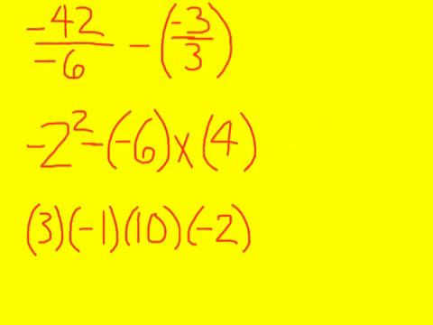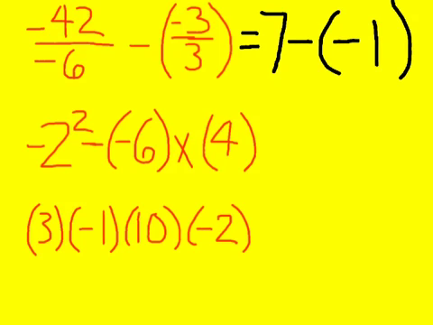Example problem 1. For the first one, we have negative 42 over negative 6. Remember, a negative over a negative will give us a positive, so that's 7. Minus negative 3 over 3 is just negative 1. When we're subtracting a negative, we can change it to plus positive, and 7 plus 1 will give us 8. For the second one, the negative 2 is not in parentheses, so the negative and the 2 are separate.